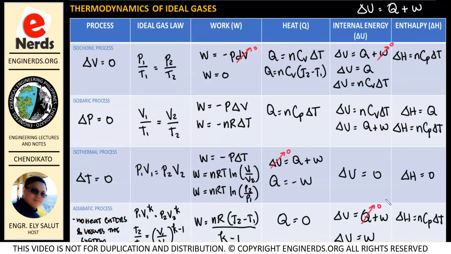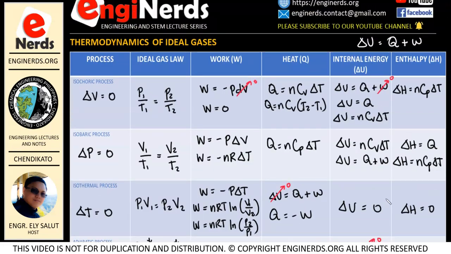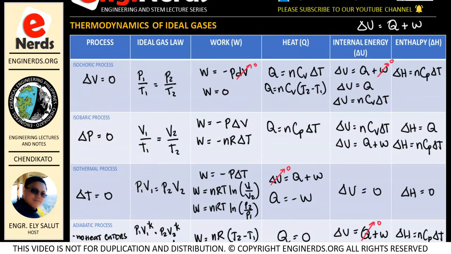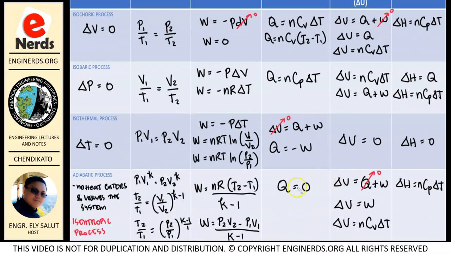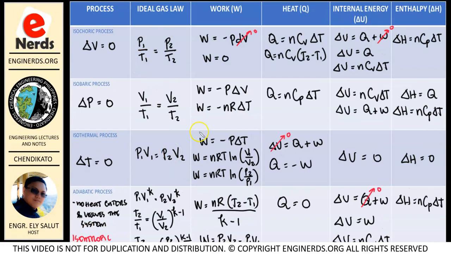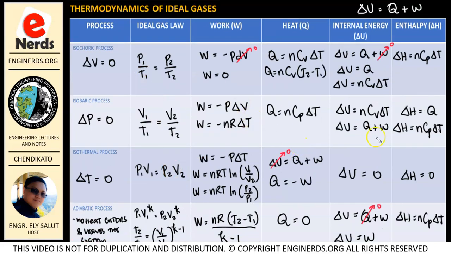But for the meantime, I think this will be useful, lalo na kung napanood na ninyo itong ating mga separate videos about isochoric process, isobaric process, isothermal process, and adiabatic process. So, magiging madali ito as a reviewer, dahil naka-table na rito yung mga equations na gagamitin natin at different conditions.